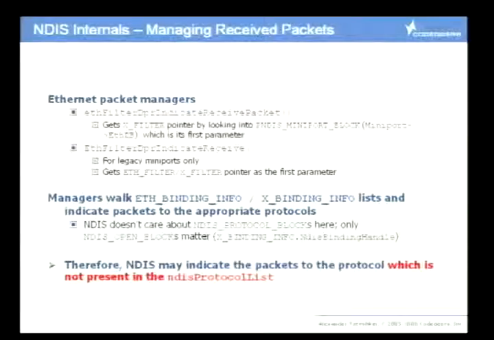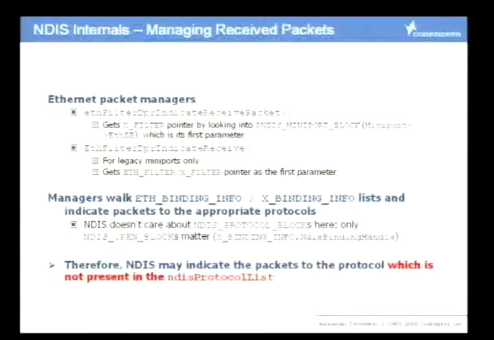And then the packet managers will walk the ETH binding info list. And you see that NDIS doesn't care about NDIS protocol blocks here at all. Therefore, NDIS may indicate packets to a protocol which is not present in the NDIS protocol list. So it may be just excluded from this list after registration.